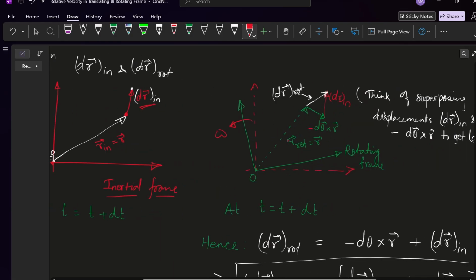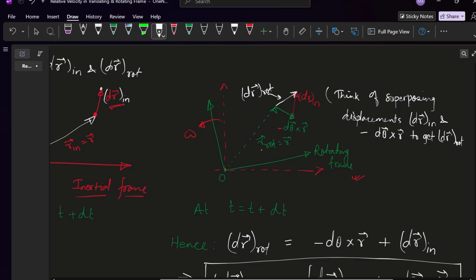So now I am in a rotating frame. Let us see this very crucial thing, many minute concepts are there here. Now in the rotating frame, in a time interval dt, at a particular time, let's say this particle is at time t.